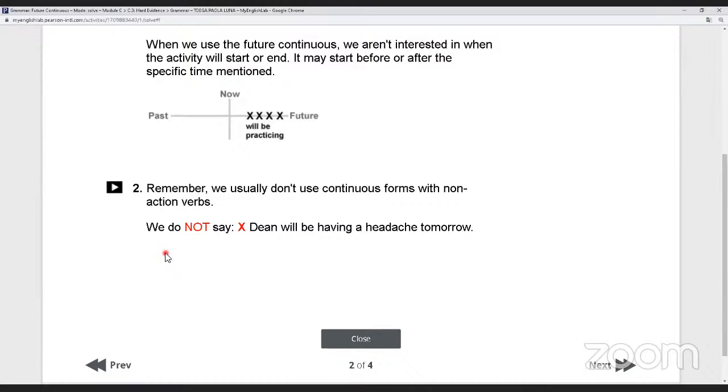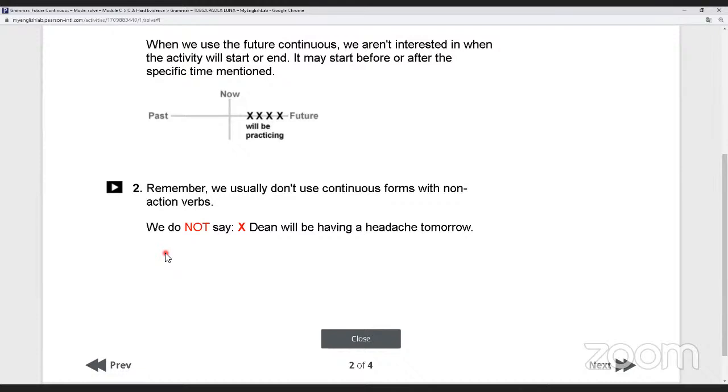So I can't use the verb in the continuous form, right? Dean will be having a headache tomorrow. It's not like, okay, for tomorrow at 2 p.m. I'm going to plan to have a headache, right? And it is going to finish at 3 p.m. Okay, no, it's incorrect.